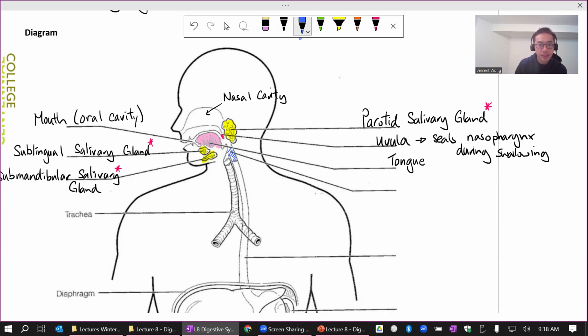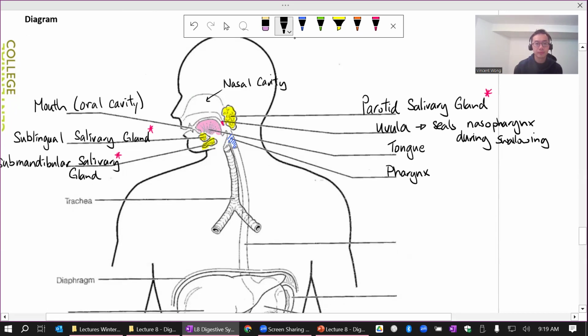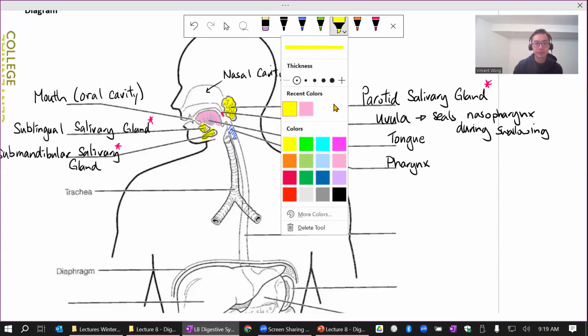Okay. This is the back of the throat, which you should know is the pharynx. Common passageway for food, for liquid, and for air. All right, what have we got next? This tube right here.